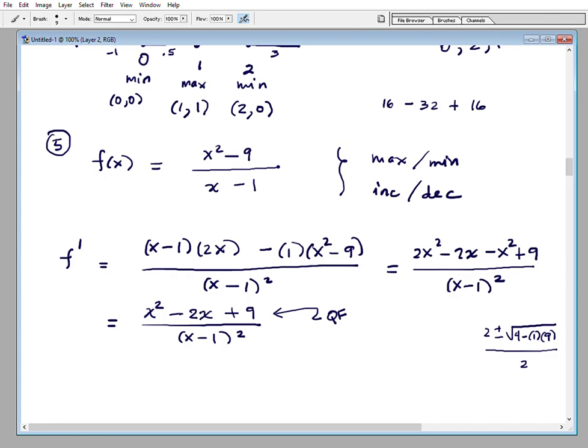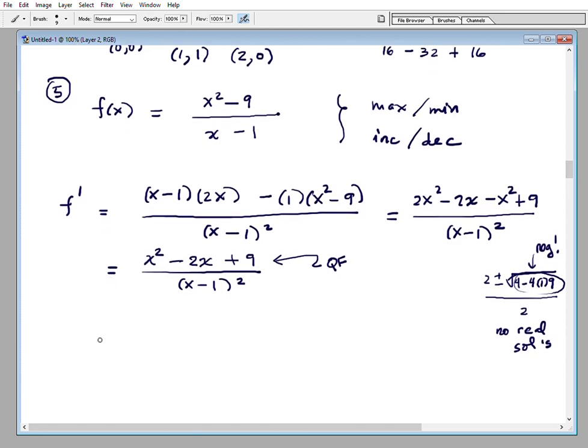Let me do it again. It still is negative. b squared minus 4, a is 1, and c is 9, minus 4ac. This is very negative. 4 minus 36, okay? So this is negative. Okay, no real solutions. All right, so no max min for this.